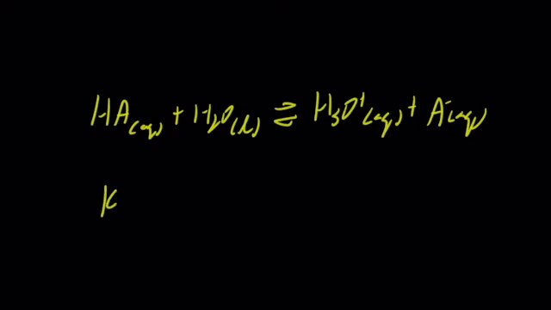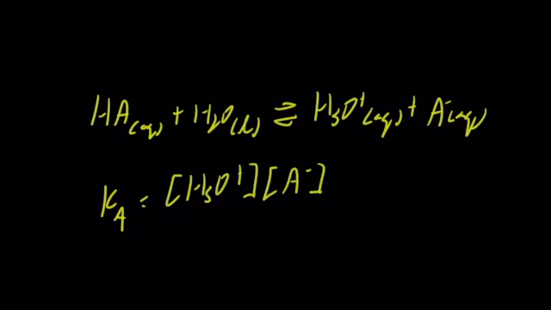So therefore, Ka is simply H3O plus times A minus over HA. And you can write hydronium as H plus. They are used interchangeably.